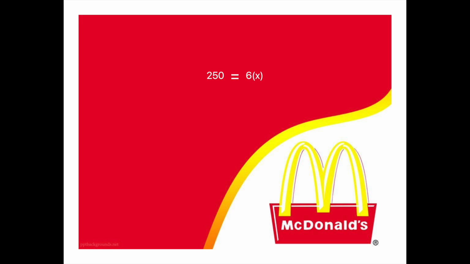The next operation we can do is divide each side by 6. On the left side we get 250 divided by 6, which is about 41.7, and on the right side we just get x. This means that our final equation is 41.7 equals x. This tells us that each nugget in a Happy Meal box has about 41.7 calories.